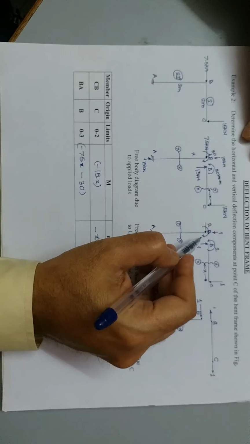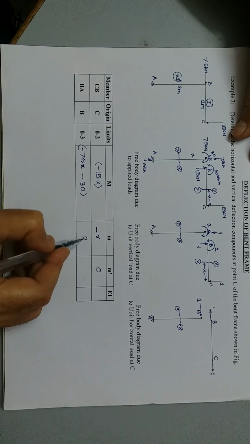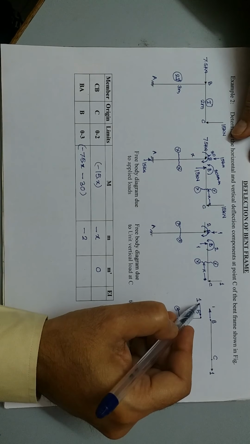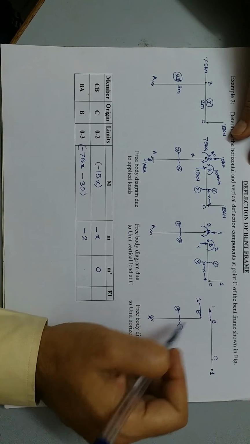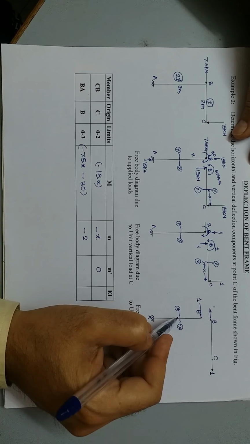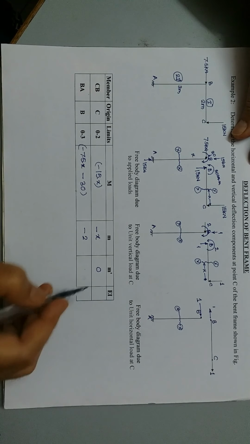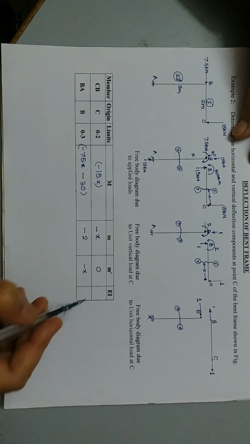Then bending moment due to unit vertical load at C, we have bending moment equal to 2 only, that is minus 2. Then bending moment due to this unit vertical load in the member BA is 1 into x, that is also minus.